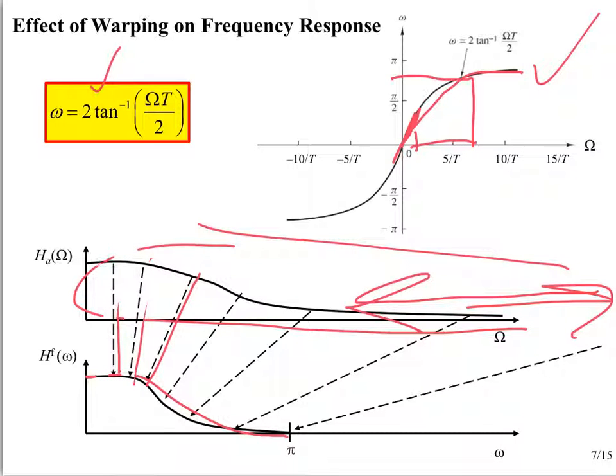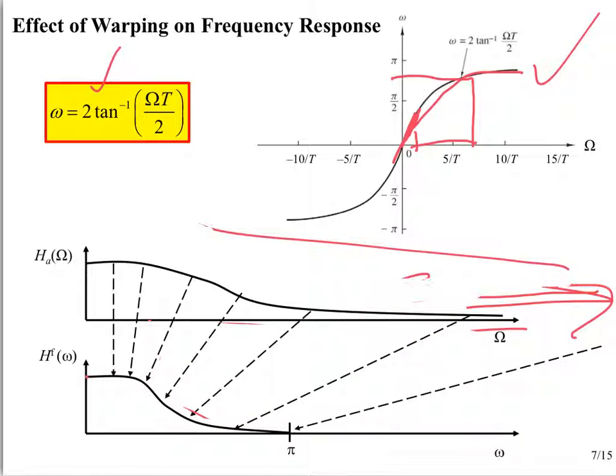And in fact, we see these dashed lines getting more and more horizontal as we go up in frequency. And this last one is illustrating the idea that capital omega at infinity gets mapped to little omega at pi.